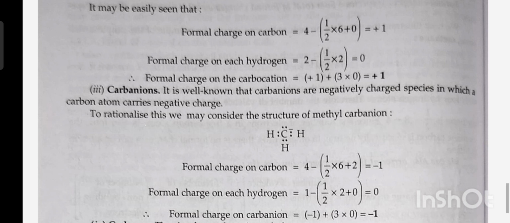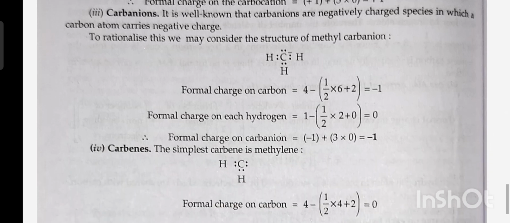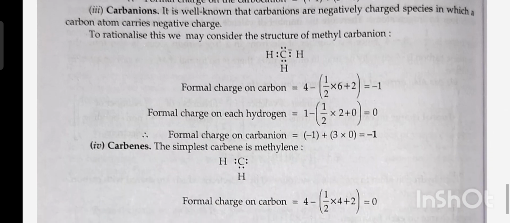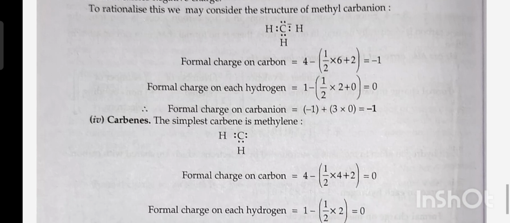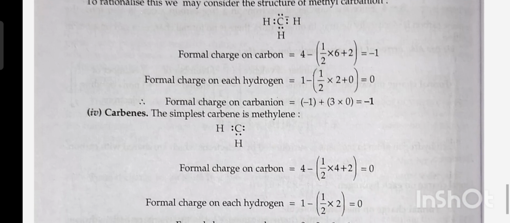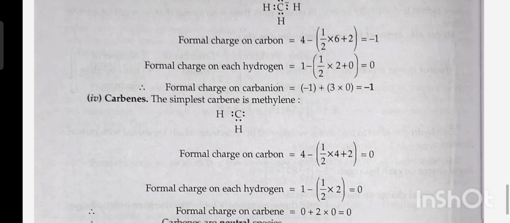It is well known that carbanions are negatively charged species in which a carbon atom carries a negative charge. To rationalize this, we can consider the structure of the methyl anion. Formal charge on carbon: 4 minus 1/2 into 6 plus 2 is equal to minus 1. Formal charge on each hydrogen: 1 minus 1/2 cross 2 plus 0 is equal to 0. Formal charge on the carbanion: minus 1 plus 3 cross 0 is minus 1.